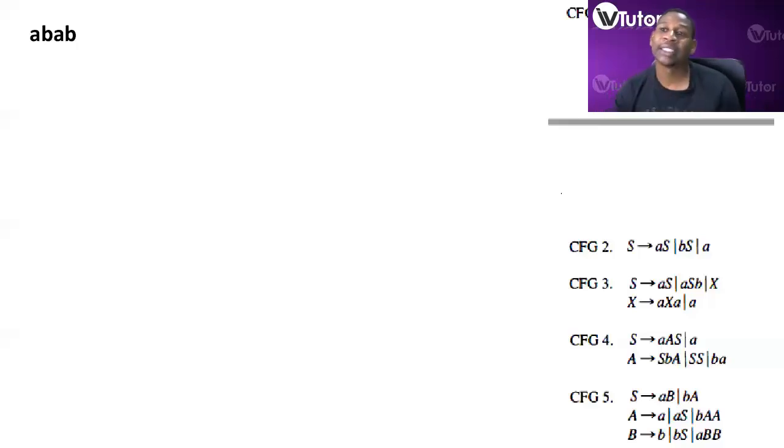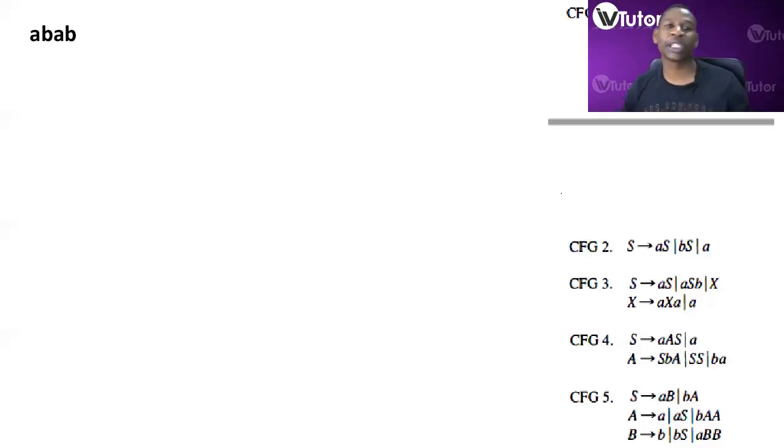The question says, for each word, check whether it is accepted by each CFG. If it is accepted, draw a tree diagram for it. So you're supposed to check the given word on all the given CFGs.